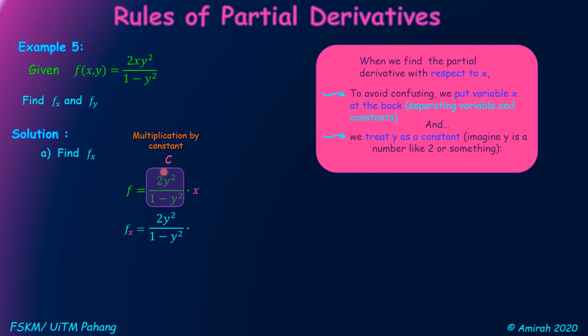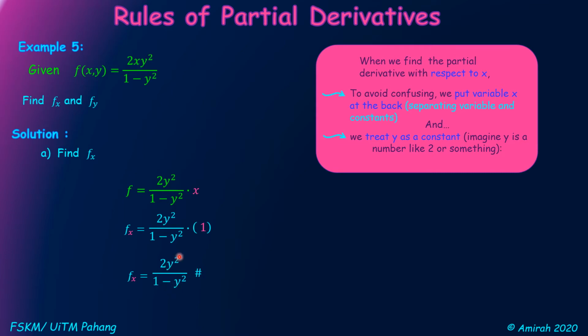When we have multiplication by a constant, we just keep the constant in front after we differentiate. Then we differentiate variable x, which equals 1, and we put it here. So the final answer equals 2y squared over 1 minus y squared.